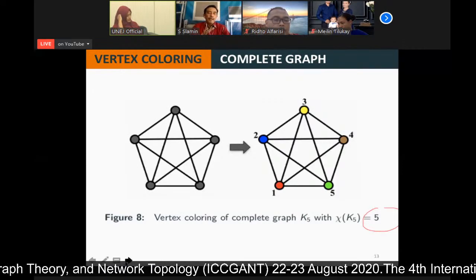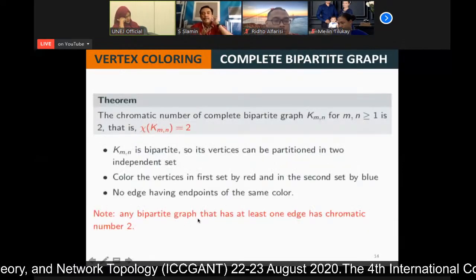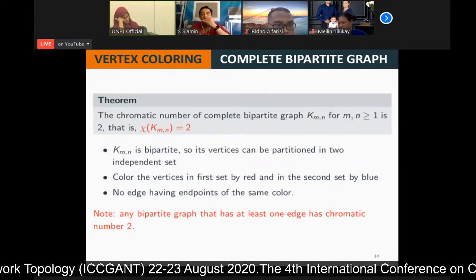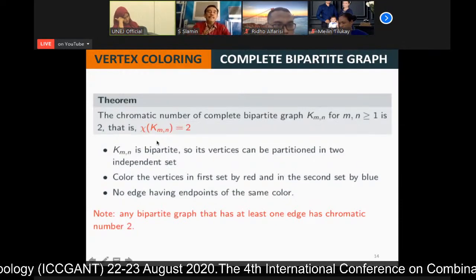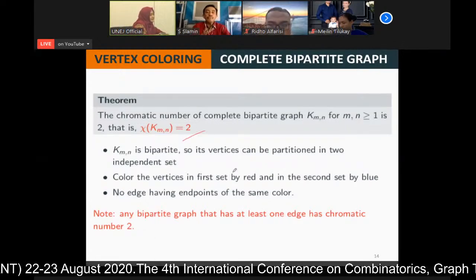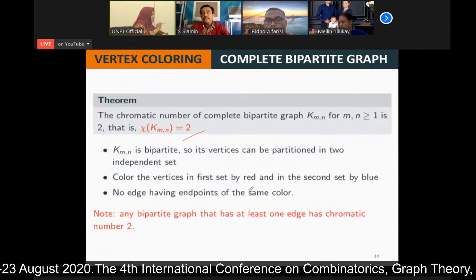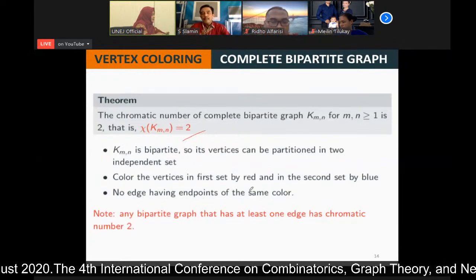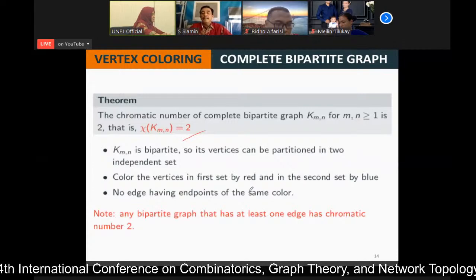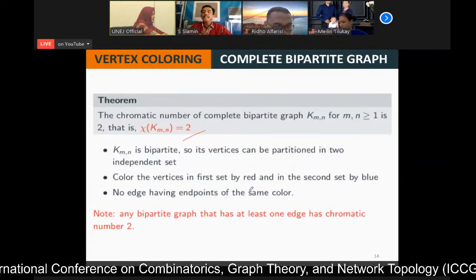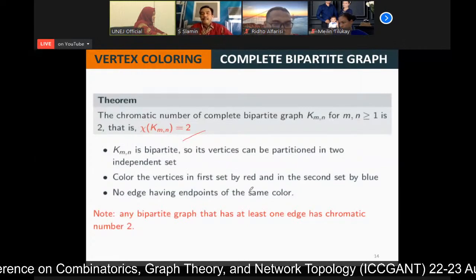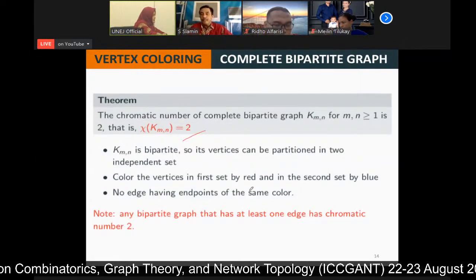Okay. The next graph is the complete bipartite graph. The complete bipartite graph has chromatic number equal to 2, because in a complete bipartite graph, we can partition the vertices into independent sets. So we can color the first set by red color and the second set by blue color.